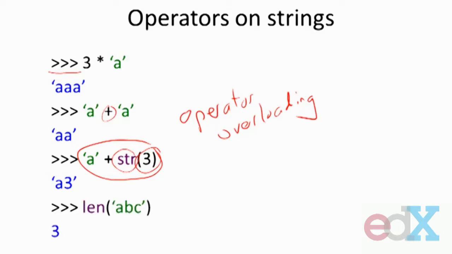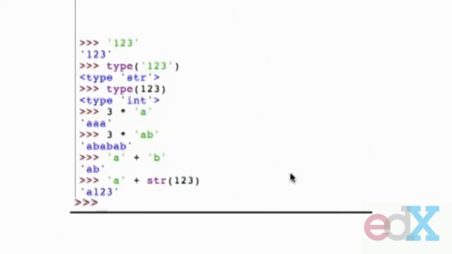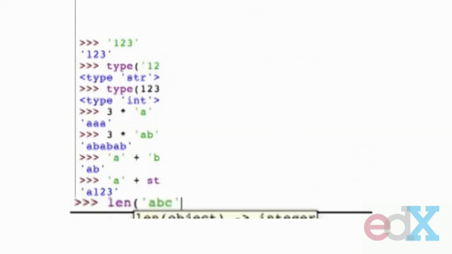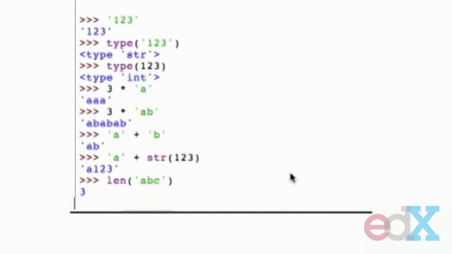The last one we show here is that given that we now have a non-scalar object, we need to know how many portions are there inside of it. And for that, there's a built-in Python function called len for length. And if I want to ask for the length of a particular string, it gives me back that answer.